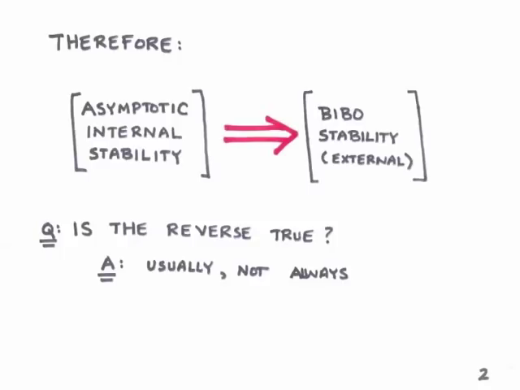That is, modes that do not affect the output, or modes that are not affected by the input. Such modes would not affect the impulse response h of t, and therefore would not impact BIBO stability. But if these modes did not decay to 0, then the system would not be asymptotically stable.